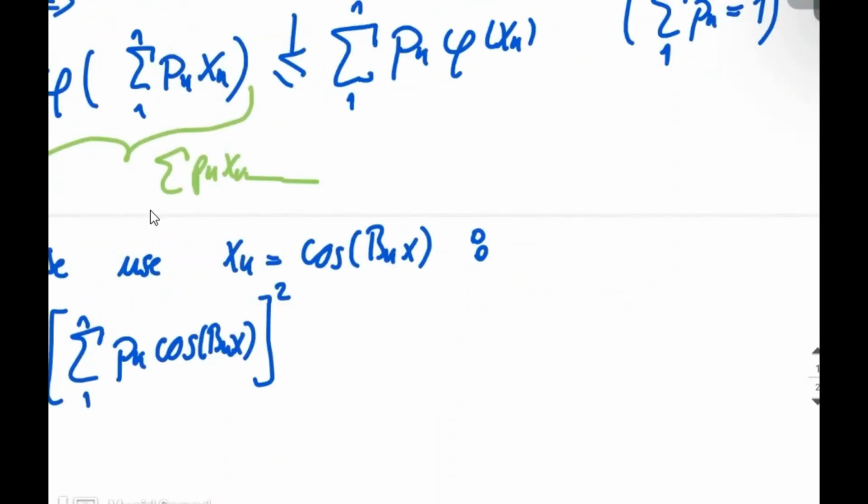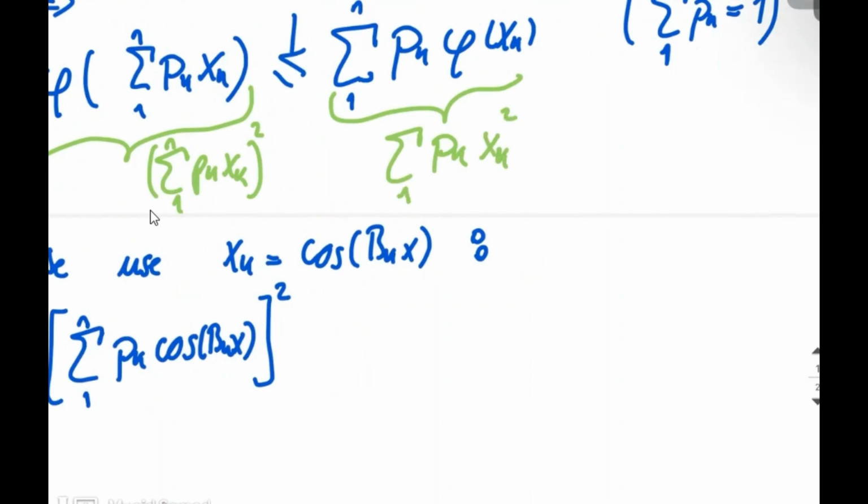And the right-hand side is the summation of pk times phi of xk. So the xk is the thing that is being squared.